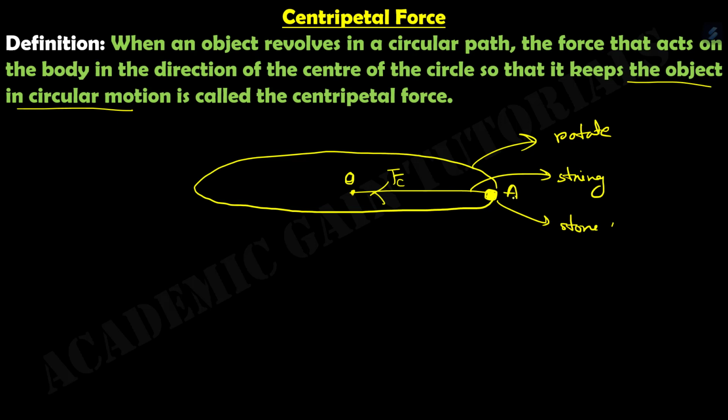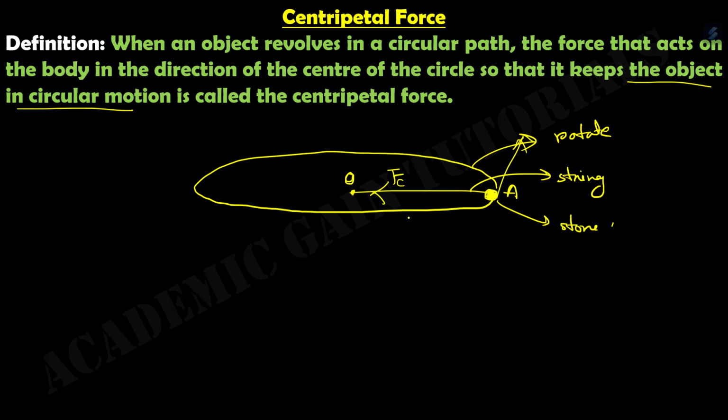So we know every time our stone wants to go along the tangent. Like if I say that when our stone comes at point A, it wants to break its revolution and go along the tangent path, but this centripetal force keeps its direction of motion.